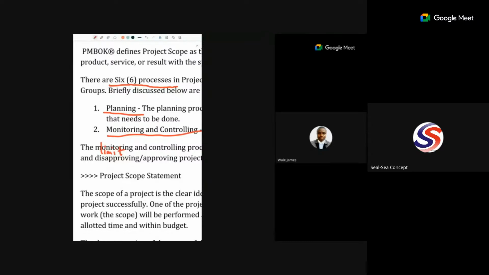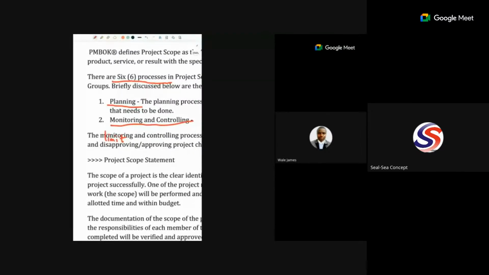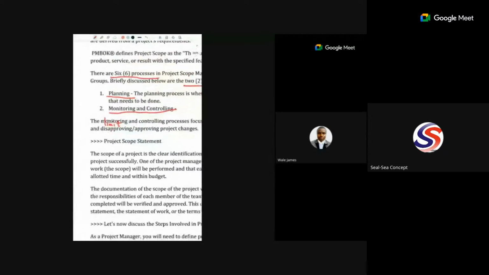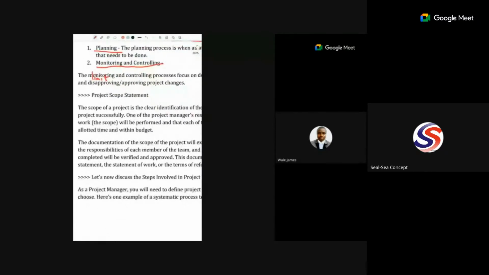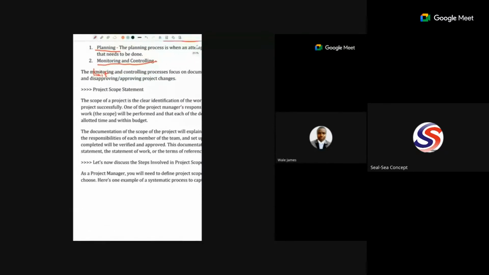Your budget may skyrocket, it may go up just because you are not managing them based on the scope of the project. So it is very important for us to know the boundaries of the scope of the project, and that is what project scope management actually helps us to achieve.